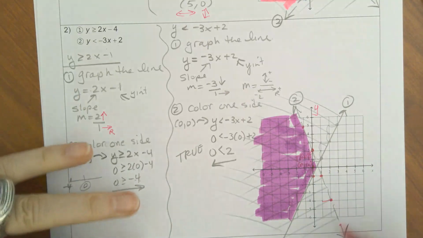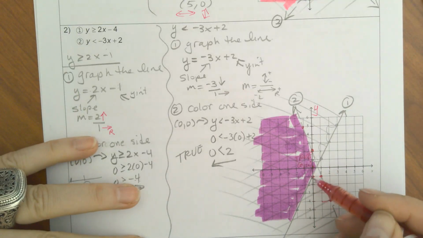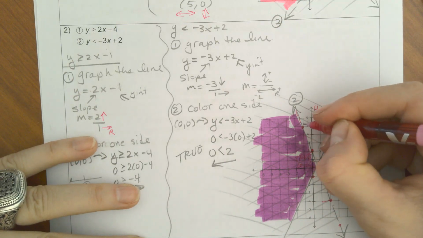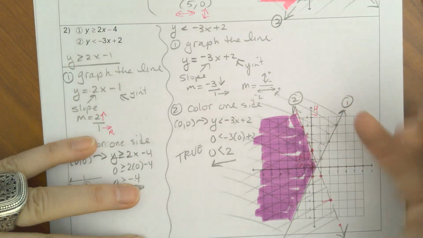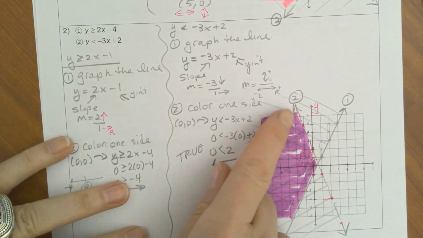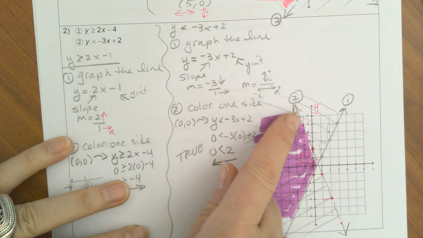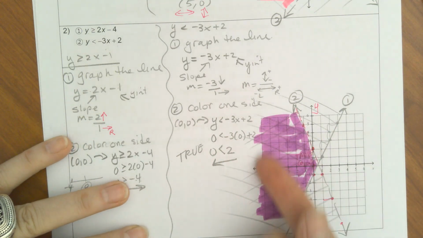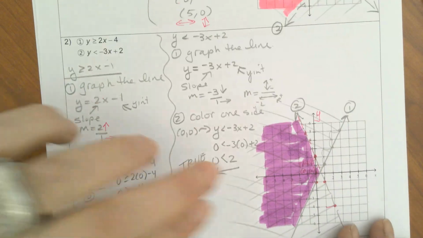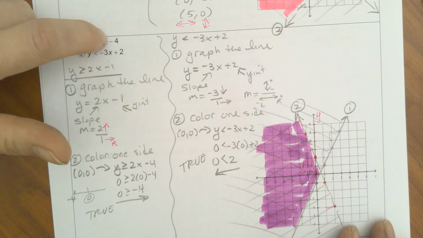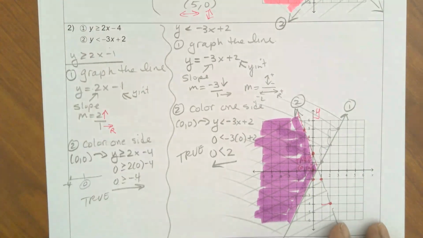You can see the boundary line here is included because it's solid, and the boundary line here is dashed, so it's excluded. So we have to be careful, because sometimes a side will be dashed or solid. So this is my solution set. Any point that I take from here and substitute into both of these, both statements will be true.